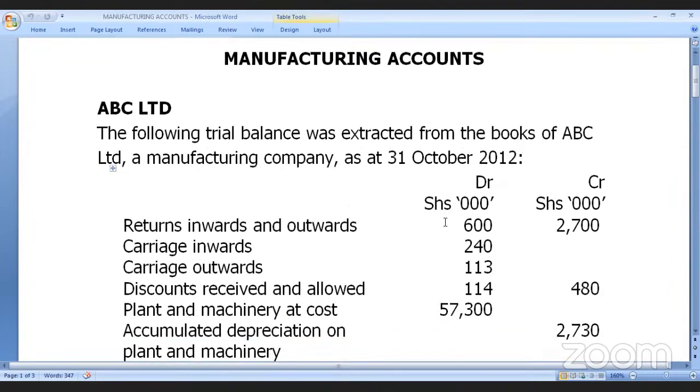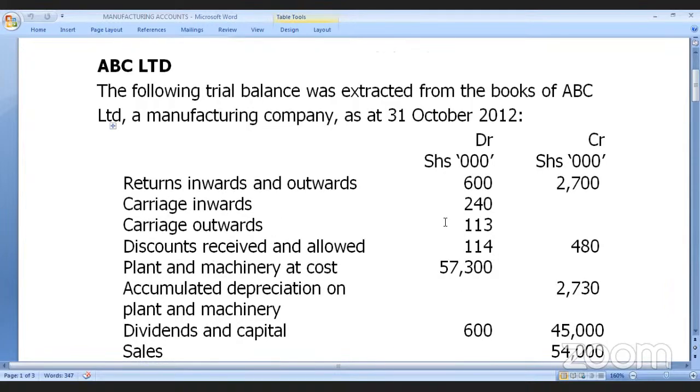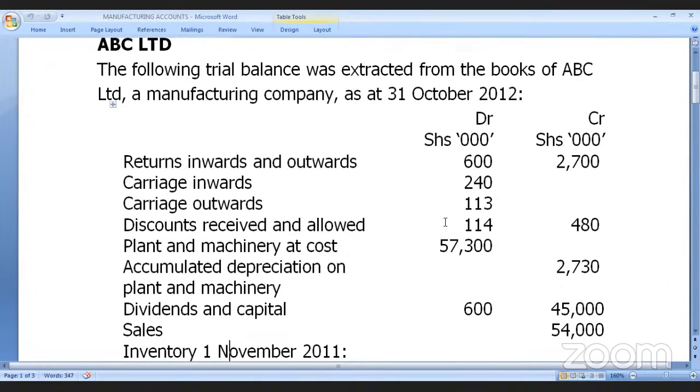Don't forget that discount received is an income and discount allowed is an expense. Then you have plant and machinery at cost, and the accumulated depreciation on the plant and machinery. Then you have dividends and capital. Then you have the sales revenue.